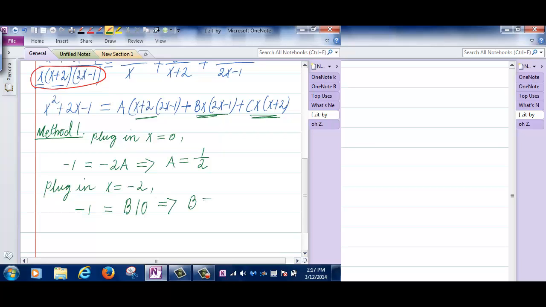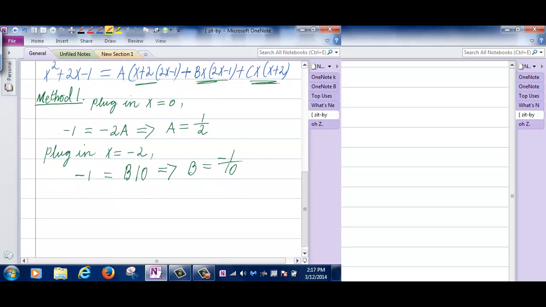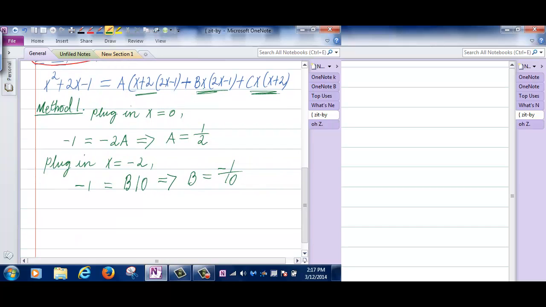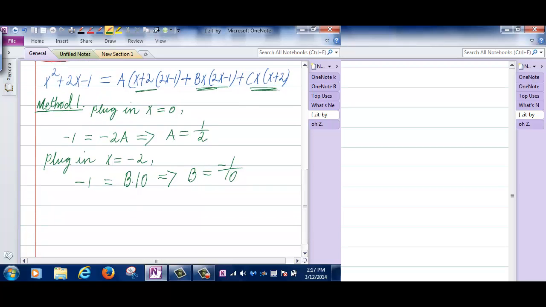So b is negative 1/10. In my previous lecture, I might have mistakenly written positive 1/10. I don't remember. So b is negative 1/10. Everybody is okay with that?